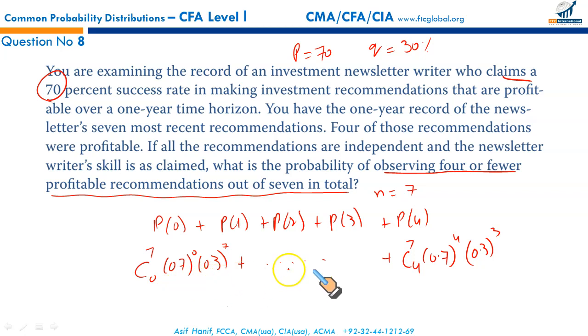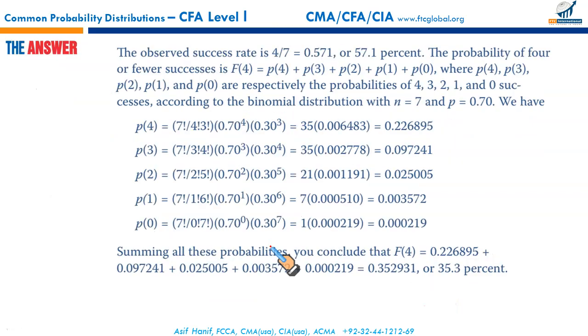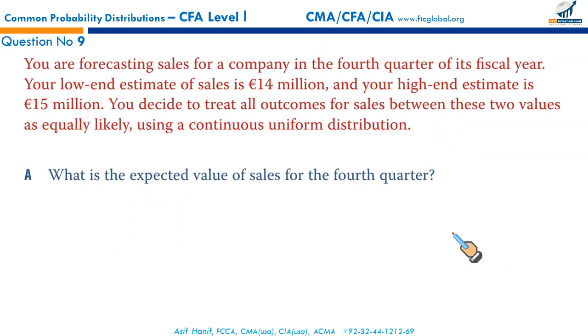If you calculate all these results, instead of wasting our time on the computations, the total would be somewhere around 35.3. It's a little time consuming, but straightforward. Just apply the formula on all these 5 probabilities and add them up. From P0 to P4 all added, you get your result of 35.3.